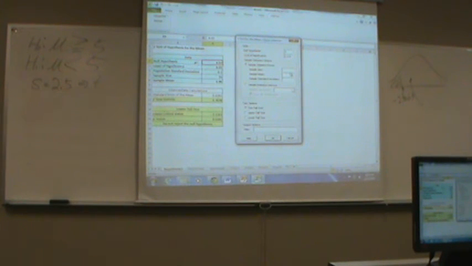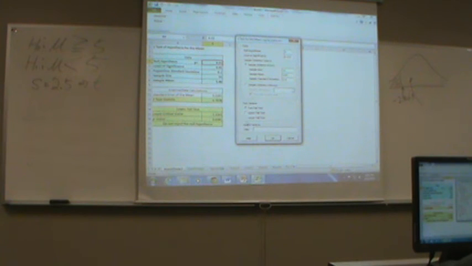Sample size 15. Sample mean 4.87. Sample standard deviation 2.5.